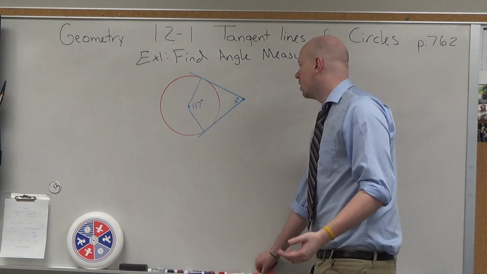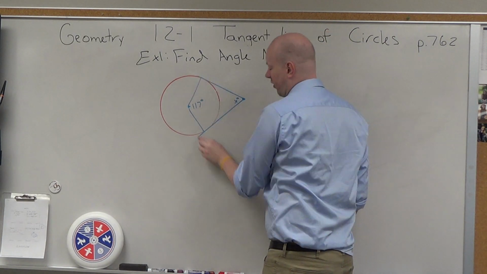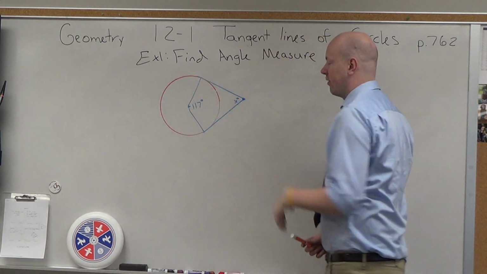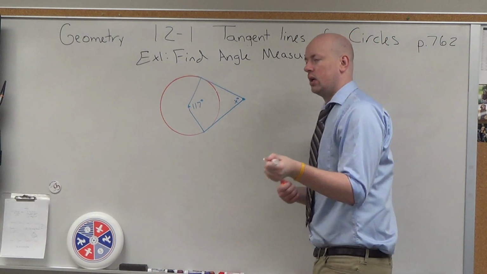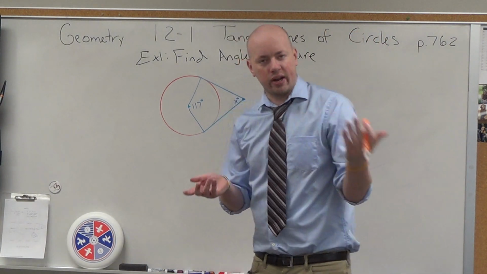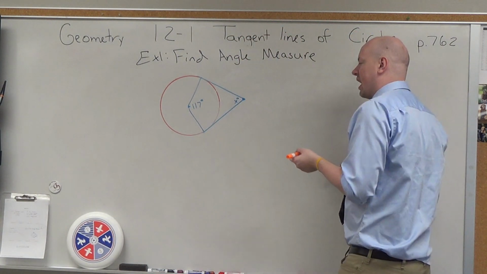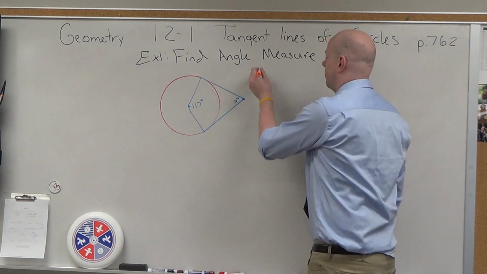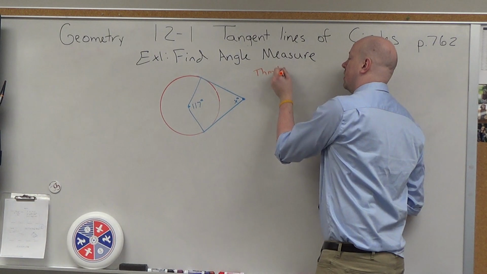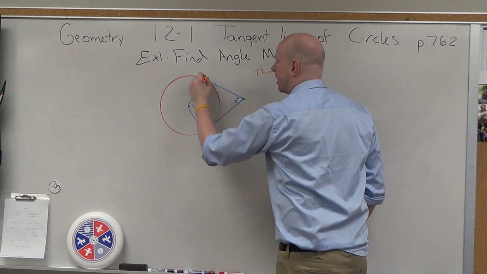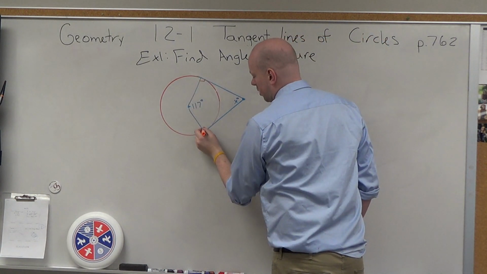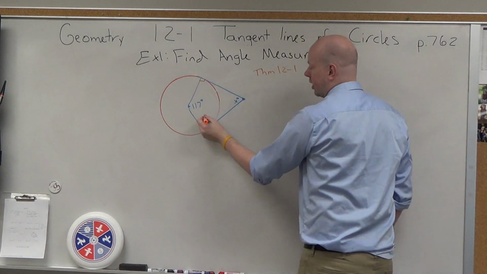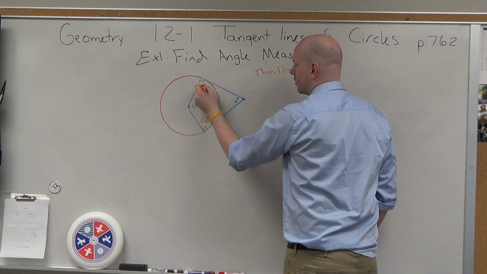Well, let's see, if I wipe away these little extra frays, all I've created is a four-sided shape. It's a quadrilateral, and just how all triangles have 180 degrees, all quadrilaterals have 360 degrees, and we just said theorem 12-1 says that these are perpendicular. So those are essentially 90 degrees.